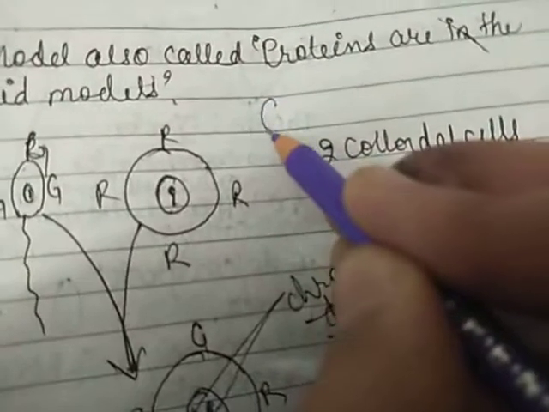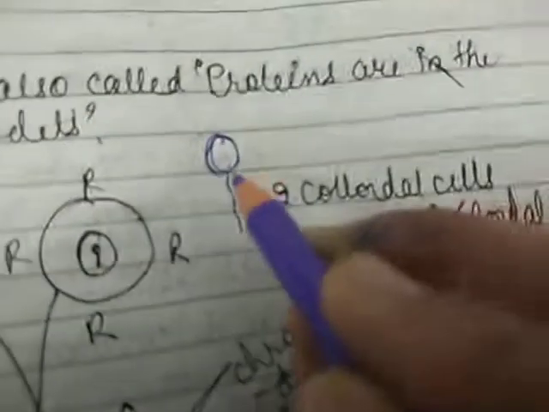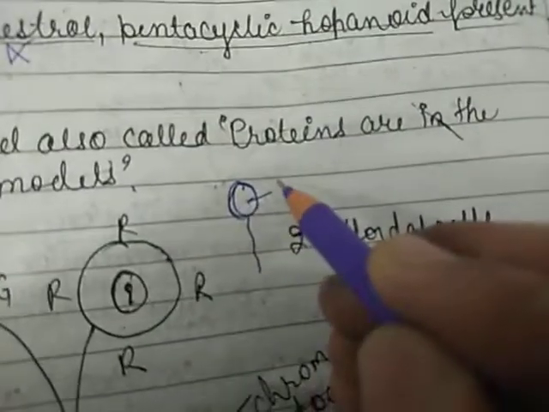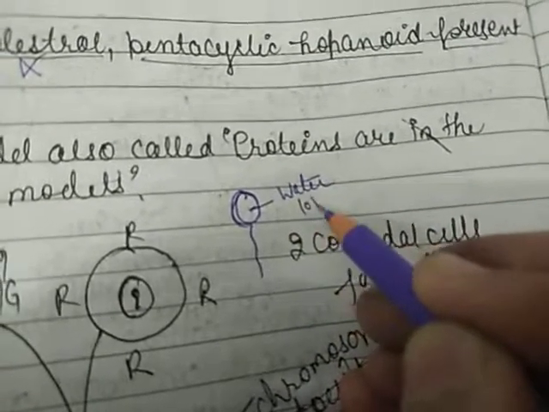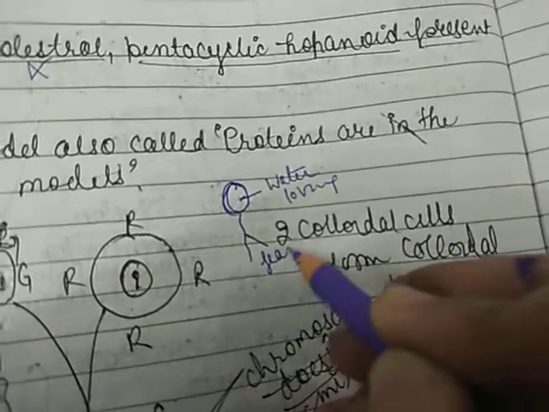One more thing: these lipids are represented by this structure, and this is referred to as the water-loving part, the hydrophilic part, and this is the water-fearing part, the hydrophobic part.